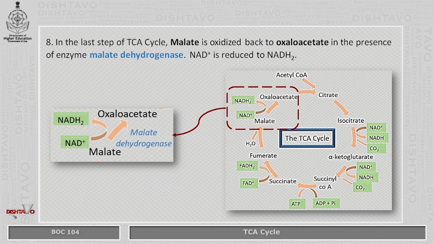NAD+ is reduced to NADH2 in this step. Please observe that oxaloacetate will then continue the cycle again when it reacts with acetyl-CoA in the second round. This keeps the cycle going, hence the cyclic nature of this particular process.